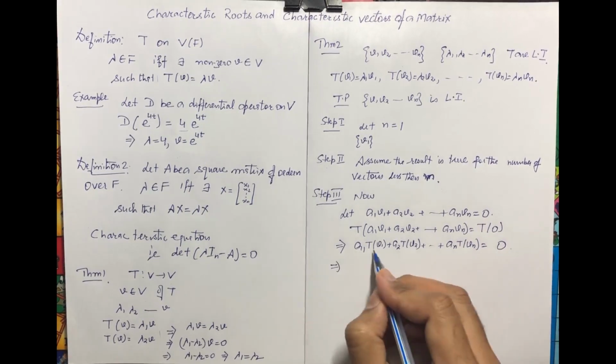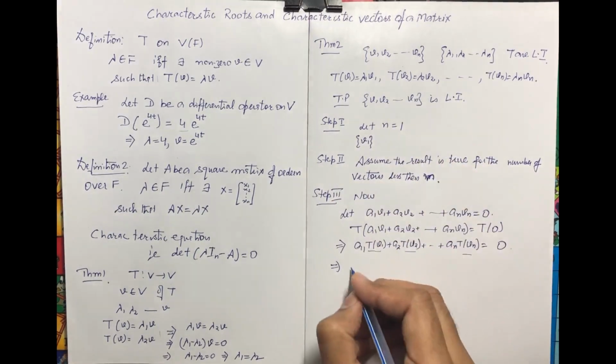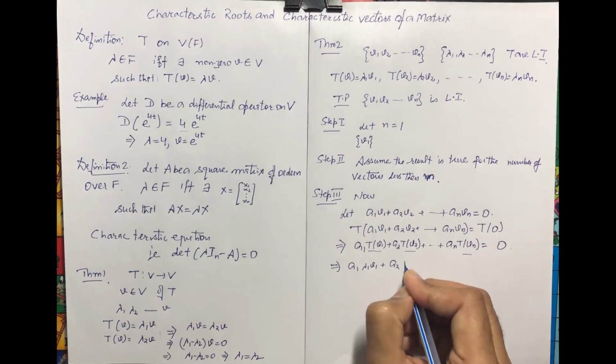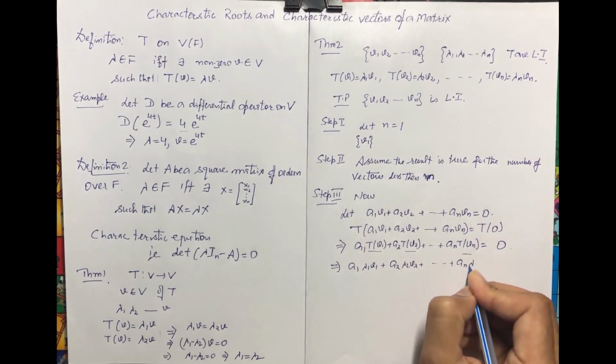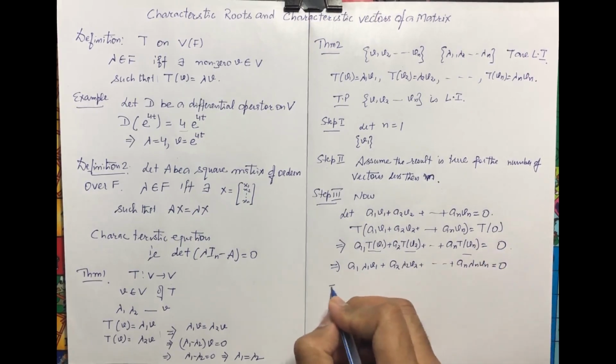Now putting the values of T(v1), T(v2), T(vn) from here, it is a1 lambda 1 v1 + a2 lambda 2 v2 + ... + an lambda n vn = 0.